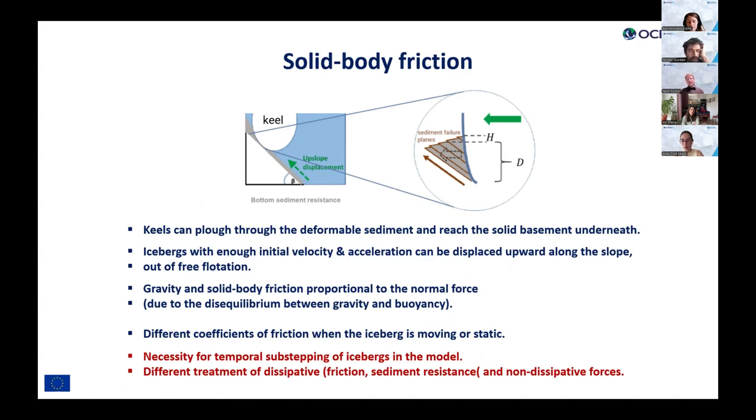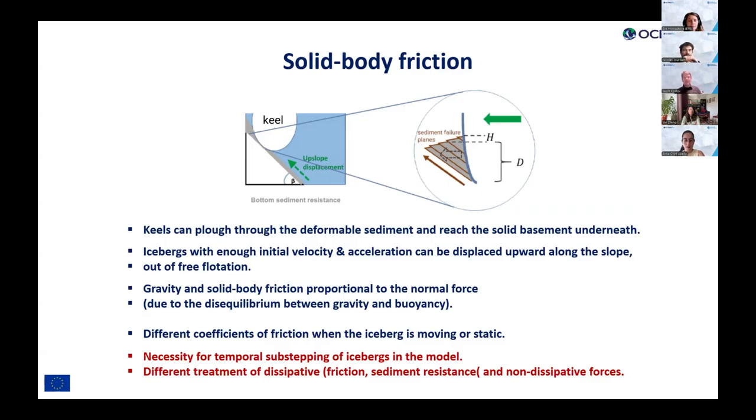We have to take into consideration some other factors as well. Keels can plow through this layer of deformable sediment on top of topography, and eventually they reach the solid basement underneath. We know from observations that this layer of deformable sediment is only on the order of 10 meters thick in the Amundsen Sea. So icebergs with enough initial velocity and acceleration can plow all the way down, and they can actually continue to be displaced upward along the slope out of free flotation.